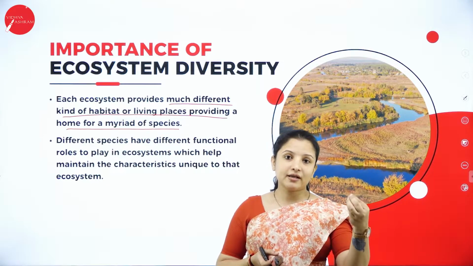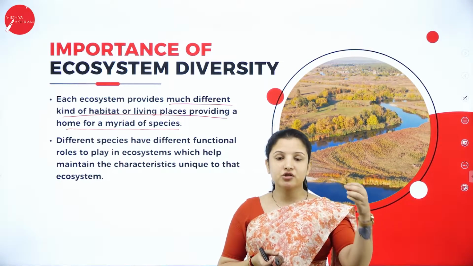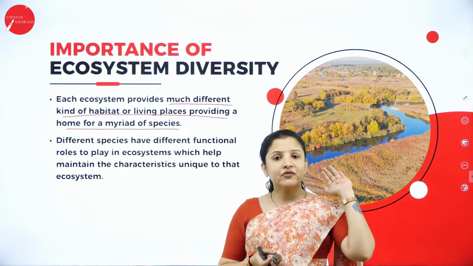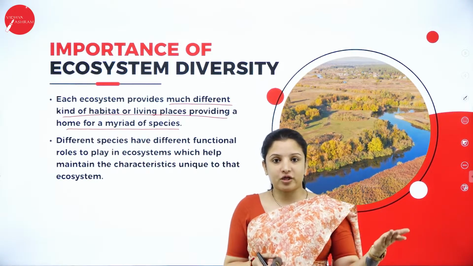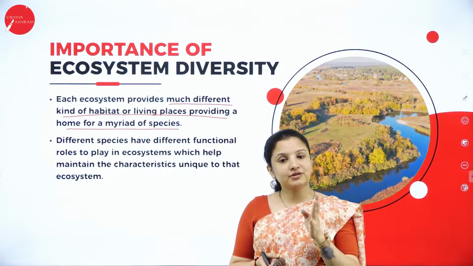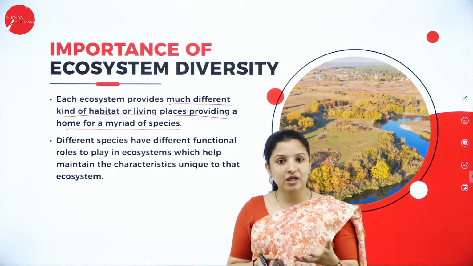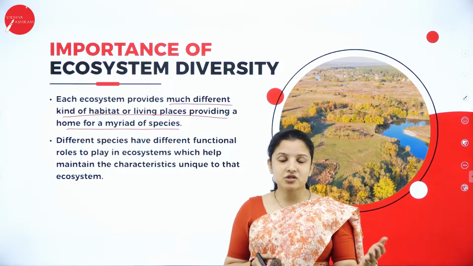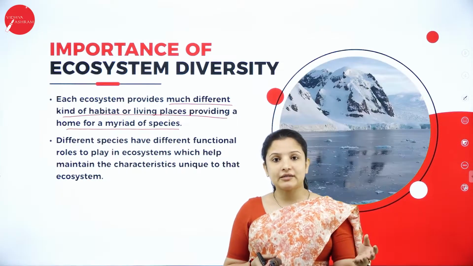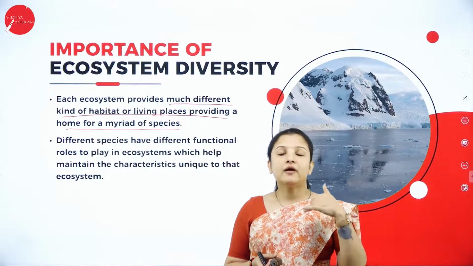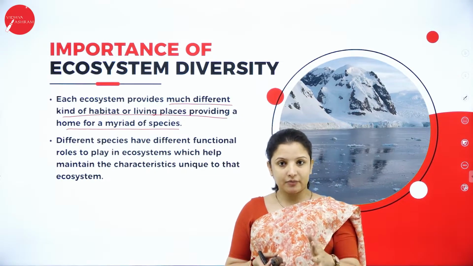Those organisms living in the alpine regions or the snow-falling regions have a particular kind of adaptations, a particular kind of body features when compared to those living in the desert or the semi-arid regions. Why this variation? Again, this variation is because of the genes itself, so that the organisms can evolve and adapt to that particular environmental condition.